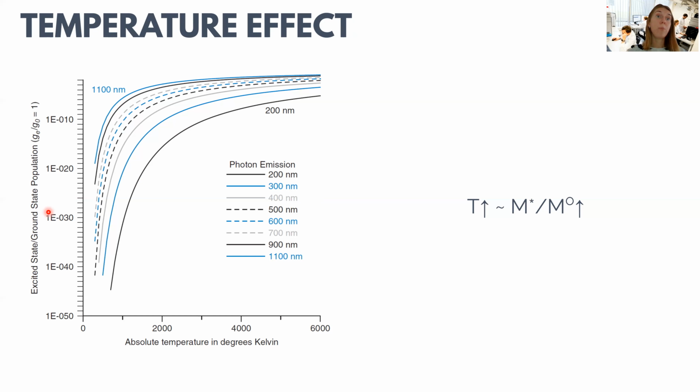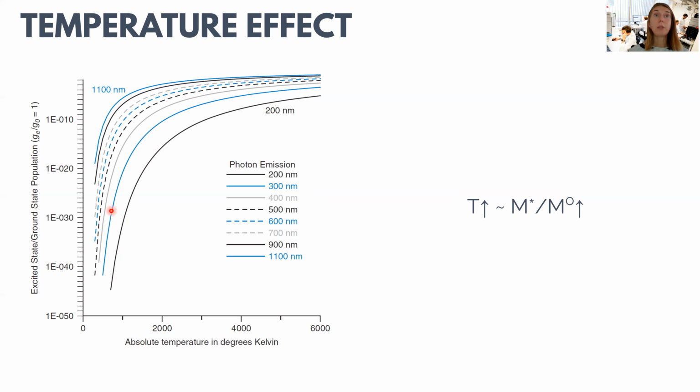So the higher the number, the more atoms we have in their excited state. And on the x-axis we have the temperature. So we see how the excited state to ground state ratio is changing with temperature. With increasing temperature, the excited state becomes more and more populated. The ratio is exponentially related to the temperature.